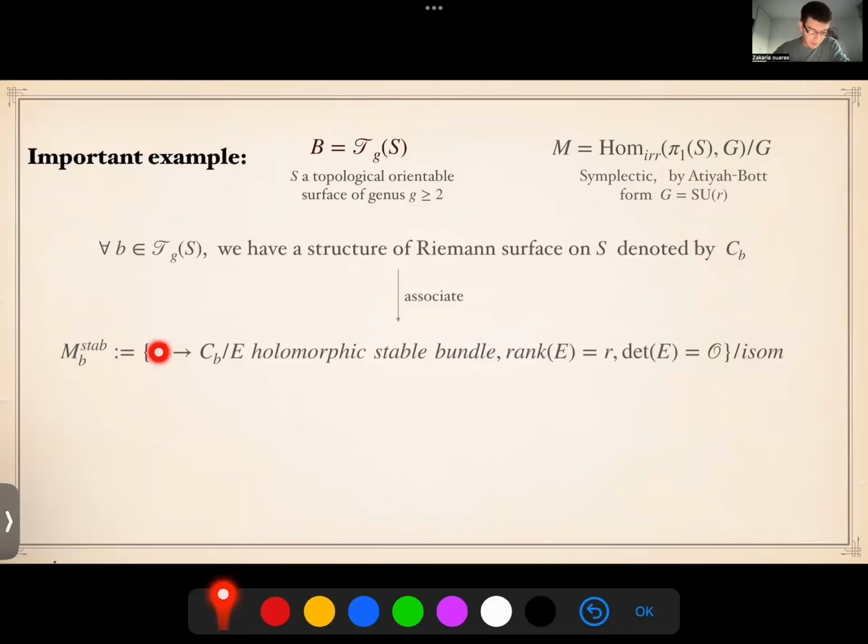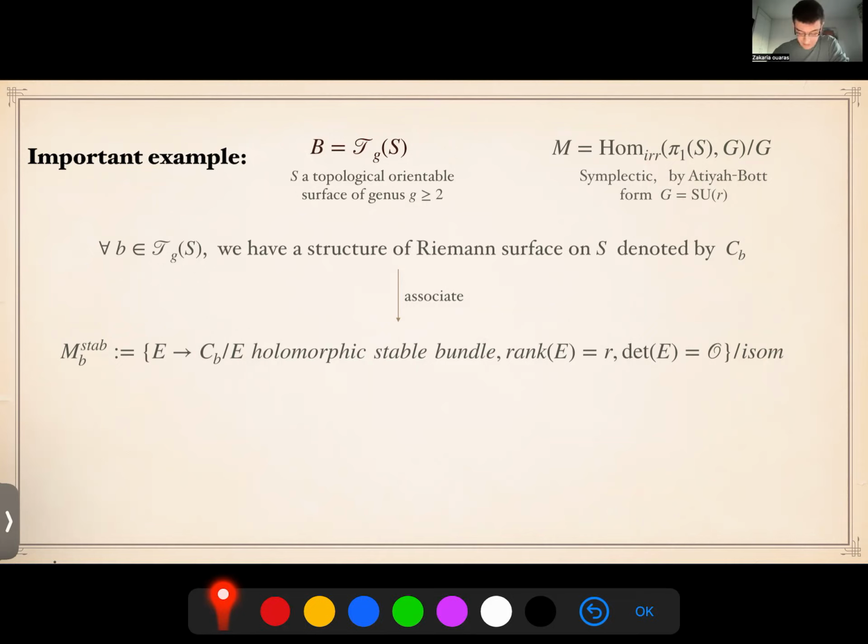And you associate the space of stable holomorphic vector bundles of rank r and trivial determinant. The determinant here means that you take the top exterior product of your vector bundle. And stable here means that all the sub-vector bundles are of negative degree. So you quotient this set by isomorphism of vector bundles.